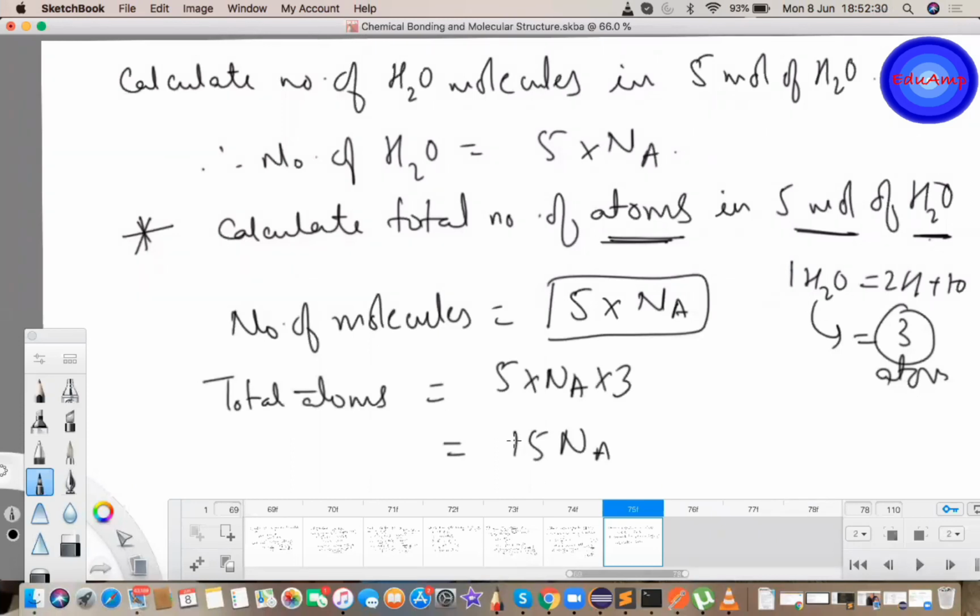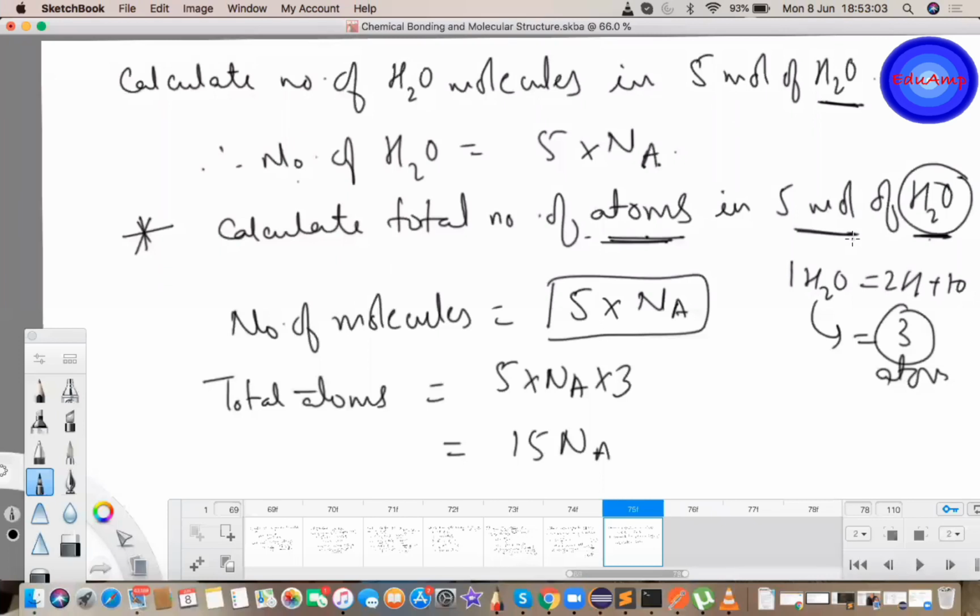I'm going to explain this again. In the first part, I just asked you what will be the total number of molecules in 5 mole. I was given water molecule, so I multiplied 5 mole by Na. 5 into Na will give me my number of water molecules. In the second part, I told you to calculate total number of atoms. I had given you water molecules, but asked about atoms.